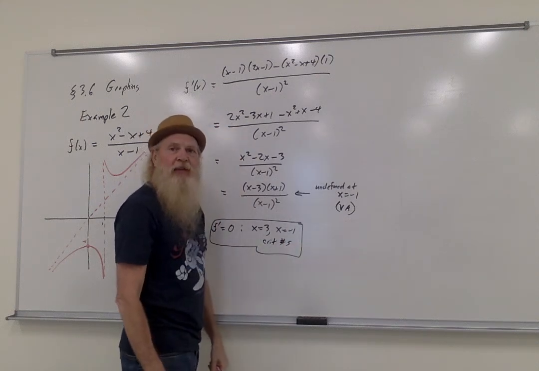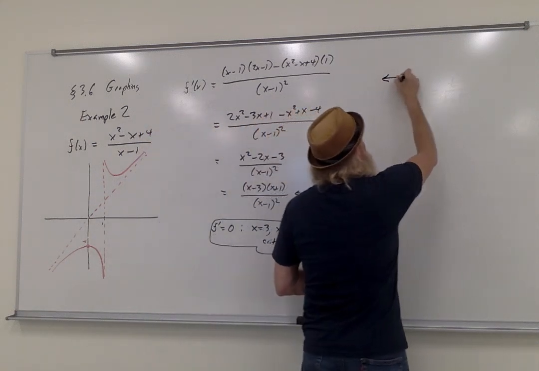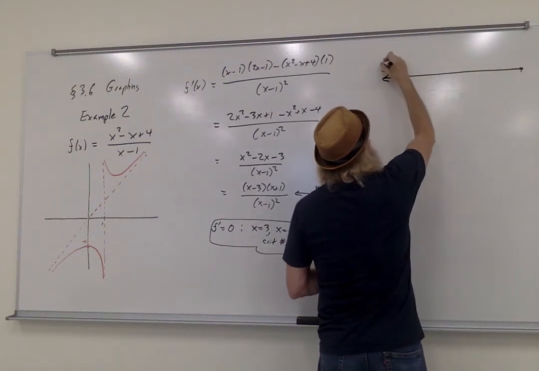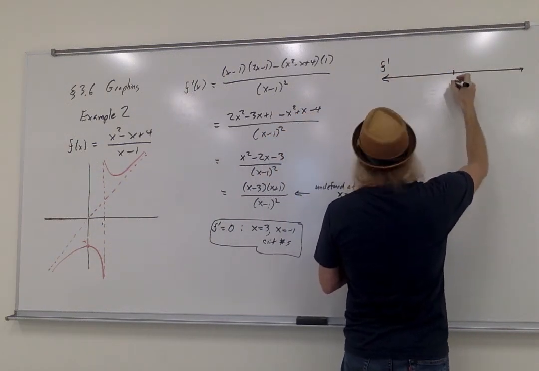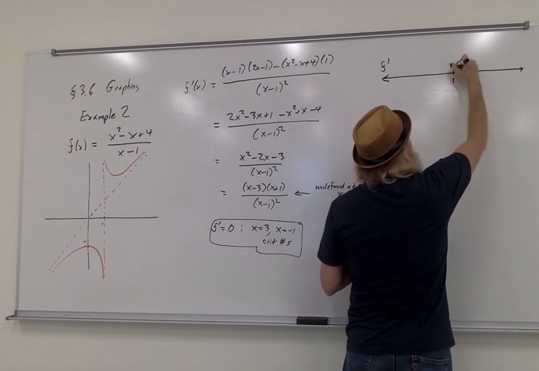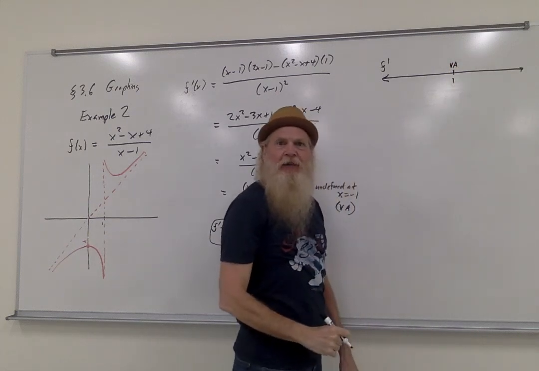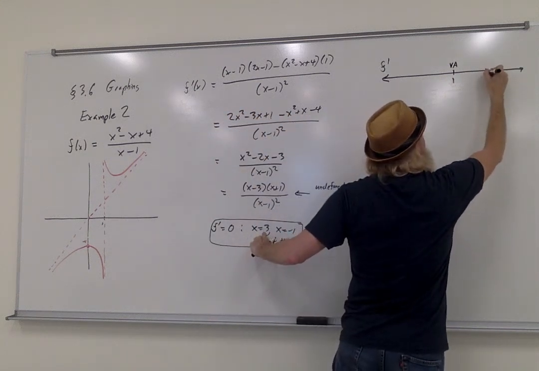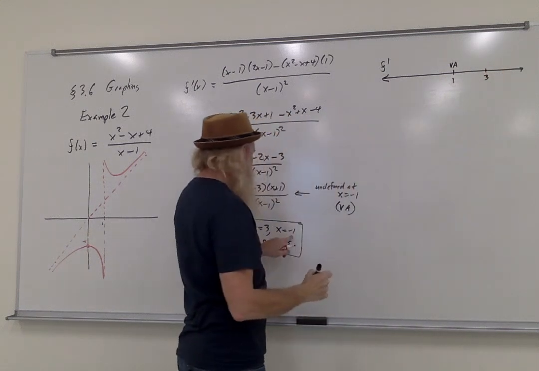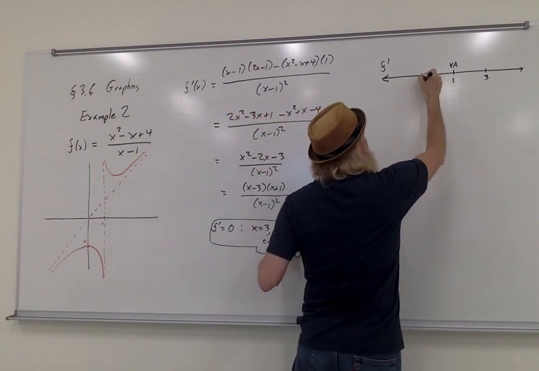So let's draw a number line for the first derivative. I'm going to put the vertical asymptote on. The vertical asymptote happened at 1. And I'll write VA above it. We also have a critical number at x equals 3, which is over here, and a critical number at x equals negative 1.